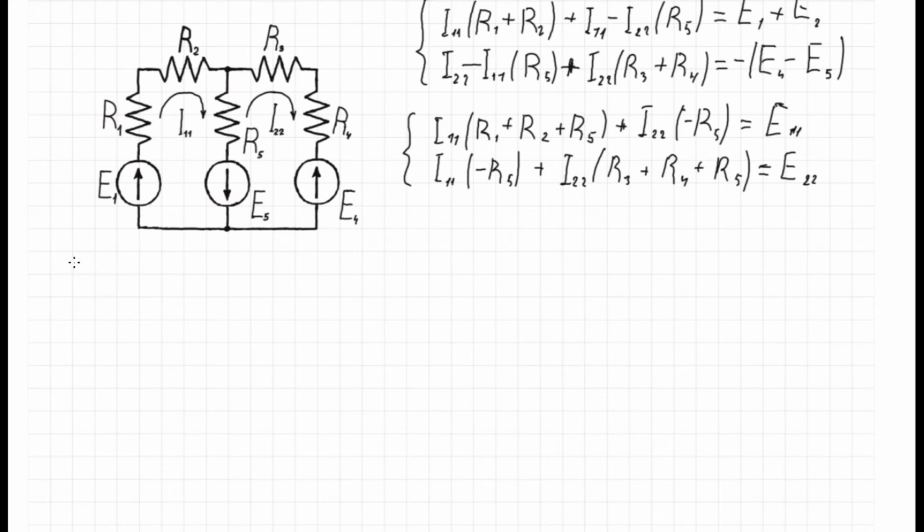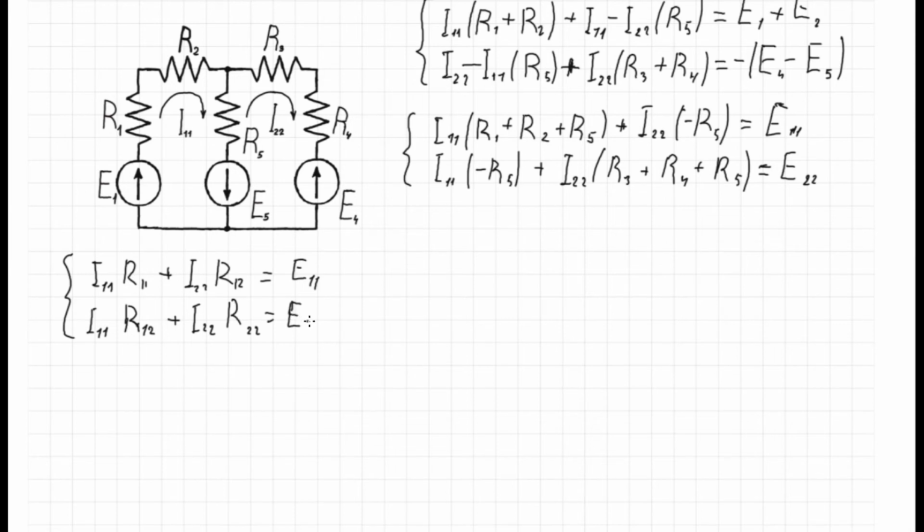In the beginning we write the system of equations as I11 R11 plus I22 R12, and I11 R21 plus I22 R22, equals E11 and E22.